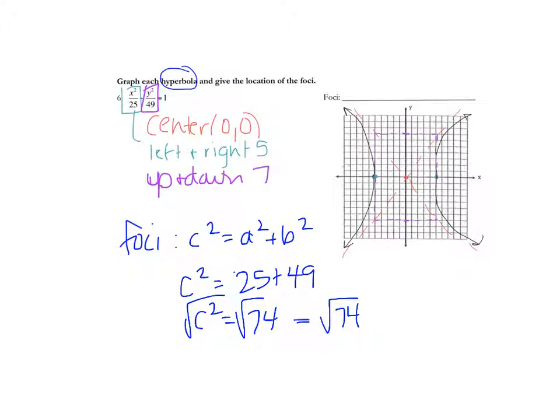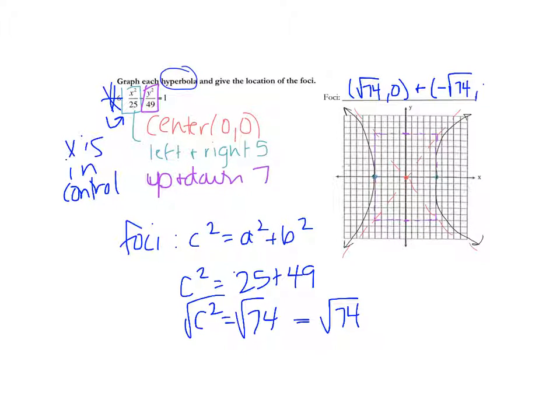And then we have to think about what's in control. For a hyperbola, it's whatever was first that's in control. So x is in control here, because it's what the first fraction is. The positive fraction is in control. So that's the part that's going to change for the foci. It's going to be radical 74, comma 0, and negative radical 74, comma 0.